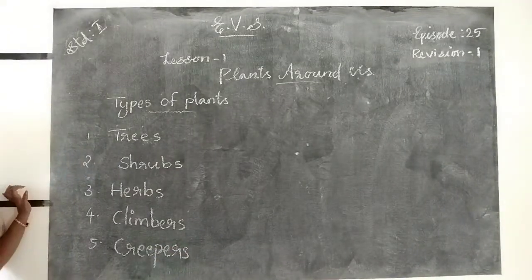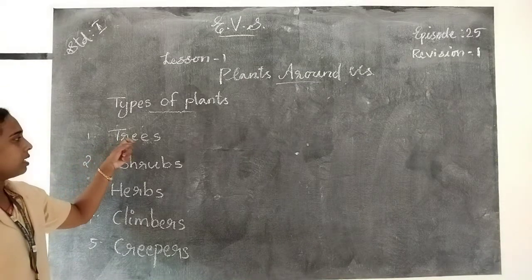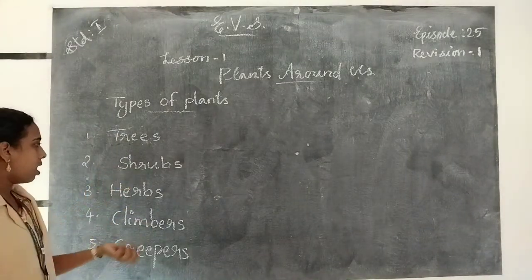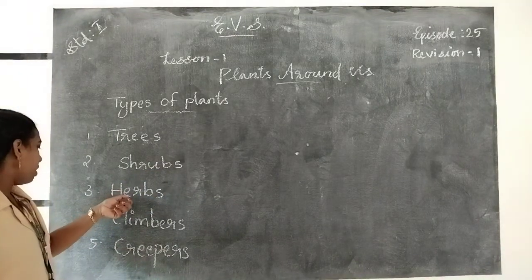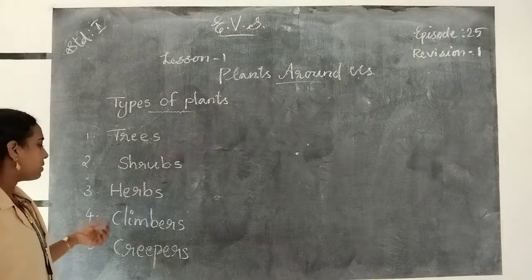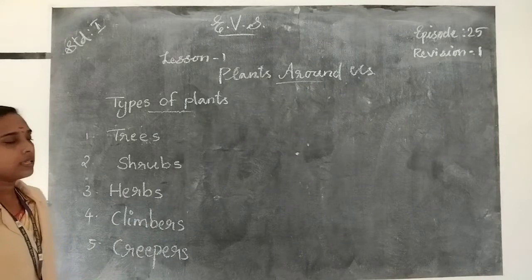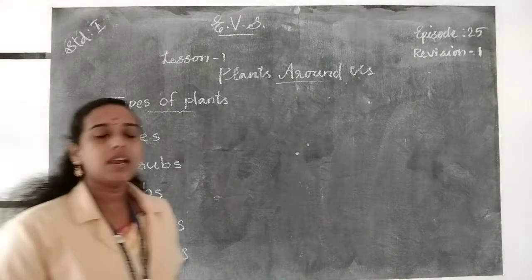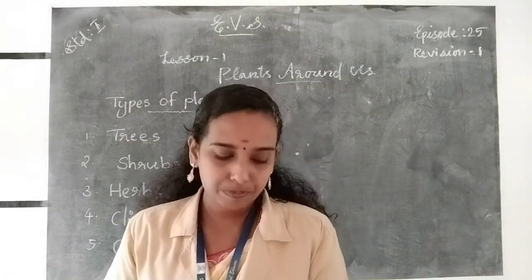So these are the 5 types of plants: trees, shrubs, herbs, climbers and creepers. T-R-E-E-S, trees. S-H-R-U-B-S, shrubs. H-E-R-B-S, herbs. C-L-I-M-B-E-R-S, climbers, and C-R-E-E-P-E-R-S, creepers.